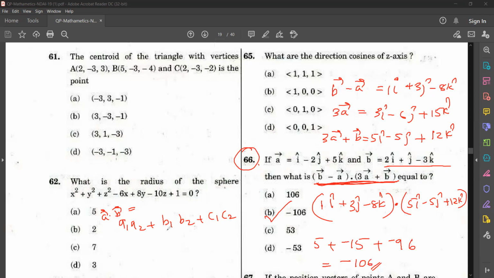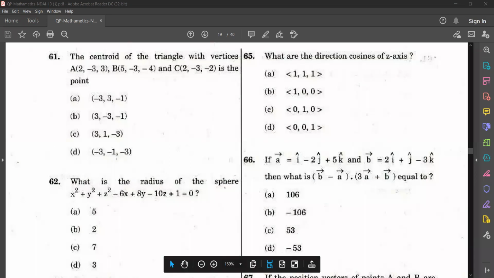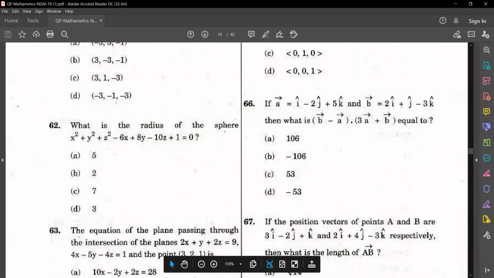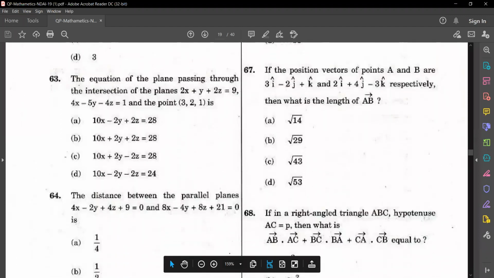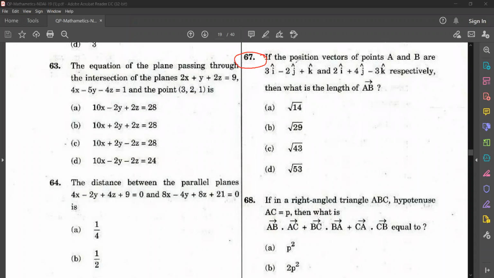Let's go to the next question. Question number 67. The position vectors of points A and B are 3i minus 2j plus k cap and 2i plus 4j minus 3k cap respectively.